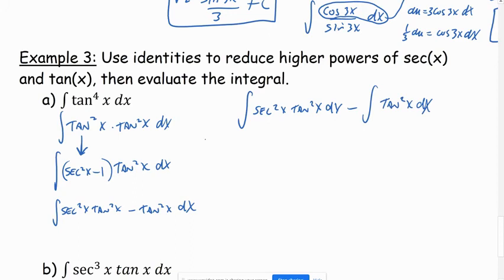So for the first integral, we'll say u equals tangent x, because the derivative of tangent is secant squared.